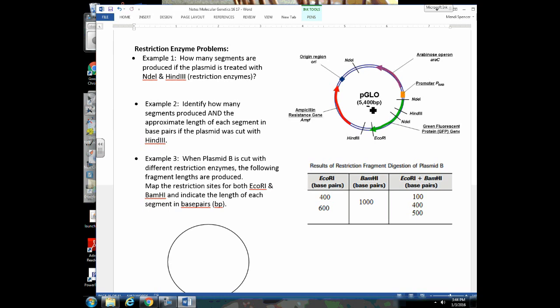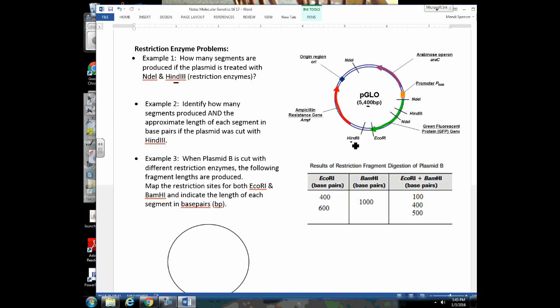The first question says, how many segments are produced if the plasmid is treated with EcoRI and HindIII, which are two different types of restriction enzymes. If you want, hit pause and see if you can figure out this answer before we go through it. Remember, restriction enzymes will recognize a restriction site, and the restriction sites are labeled for you here. So this is telling you that HindIII is going to cut right here.